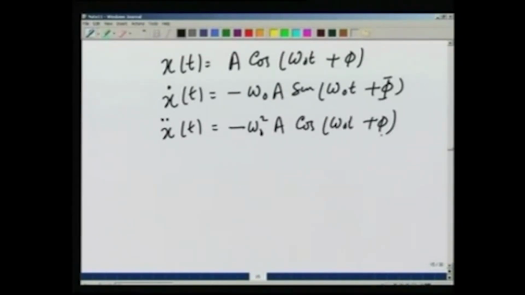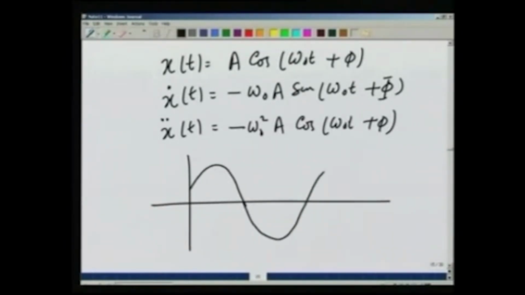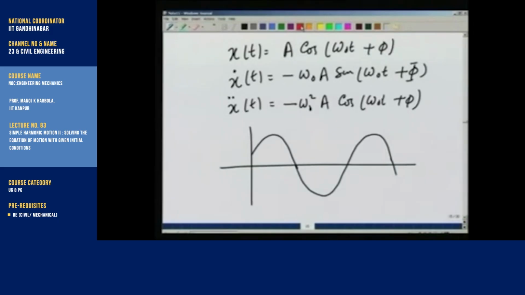Let us plot them and see. So, as I said, x(t) in general would look something like this. x dot is going to be the slope of this, and it's going to look something like this. This is x dot.